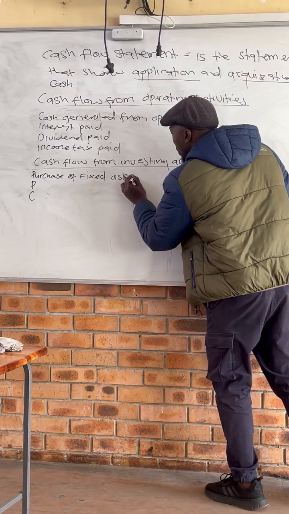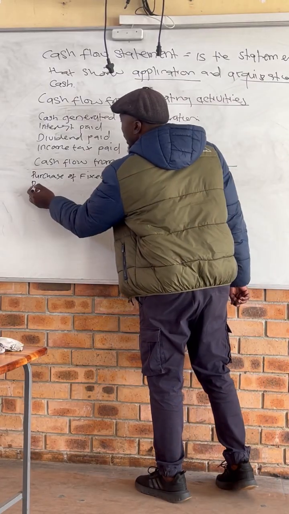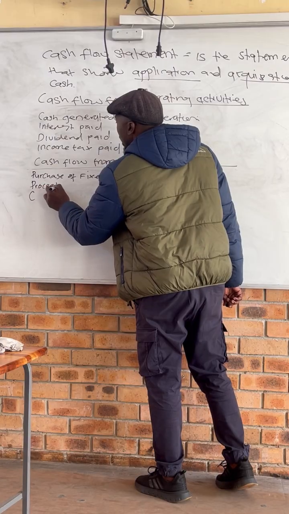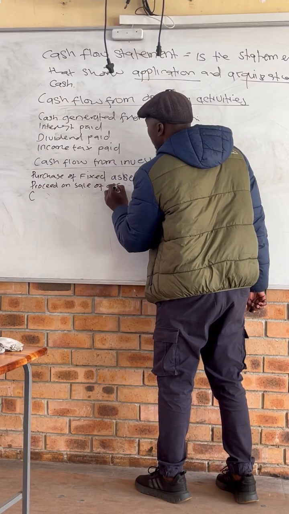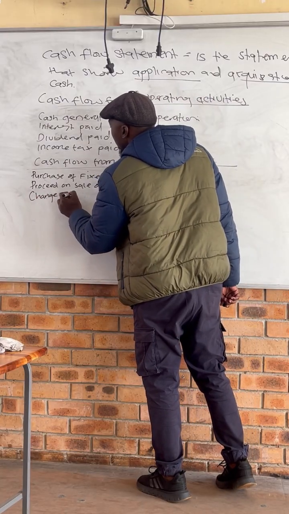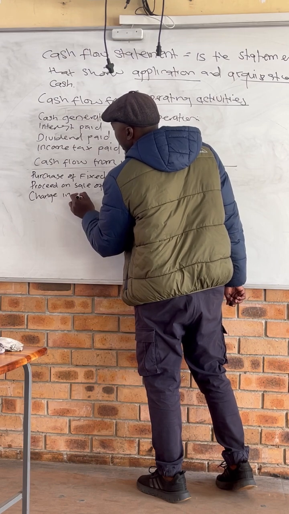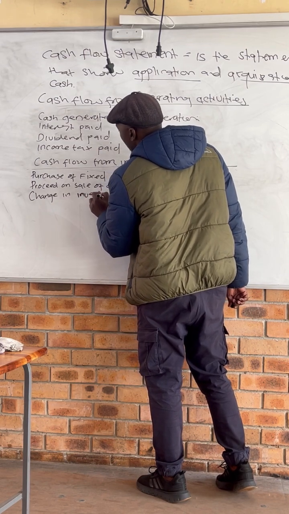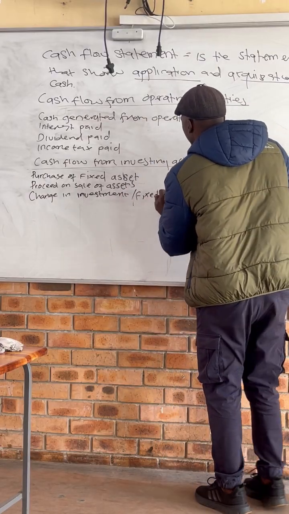So here, basically, we are busy with the non-current assets, purchases of fixed assets. Here we have proceeds on sale of assets. And then here we have change in investment or fixed deposit.